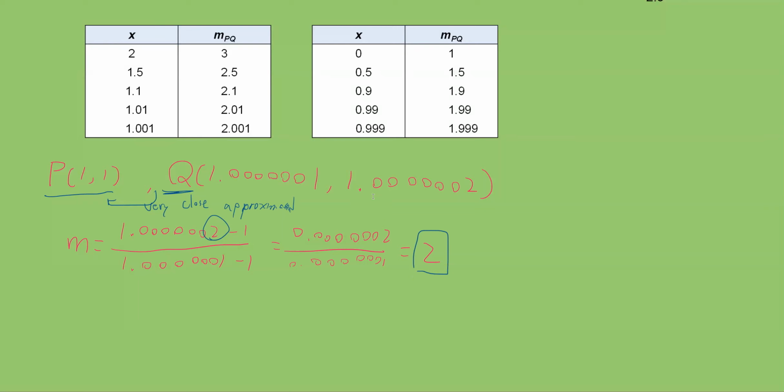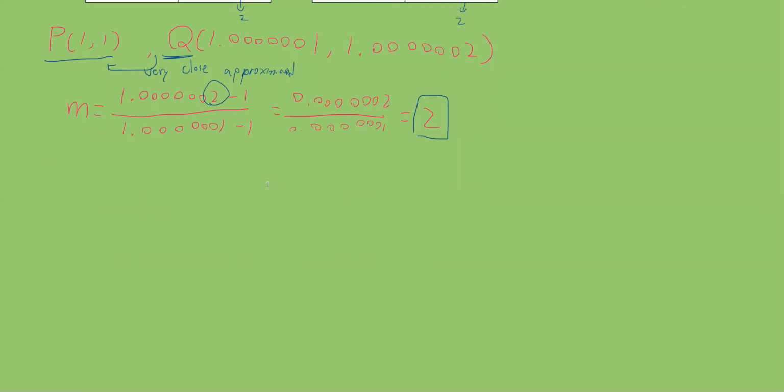So in this case, we can safely assume that, since when we pick Q to the right of P, where 1.001, or when we pick Q to the left of P, 0.99999, and so on, both of them are going to 2, we can safely say that maybe the tangent line has a slope of 2 at point P. Now that we have established that, the slope is 2. Great.